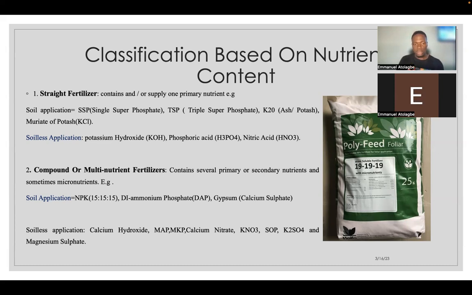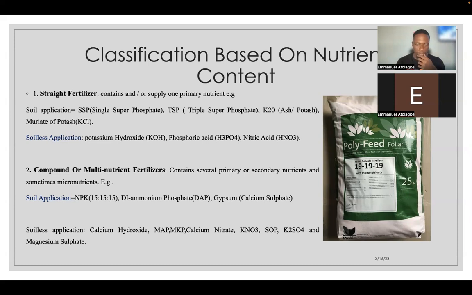You have MAP, you have MKP. Now this stands for monoammonium phosphate, MKP, monopotassium phosphate. Then you have your calcium nitrate. These are not only supplying potassium as in the straight fertilizer, but they are supplying phosphorus, potassium, calcium, as the case may be.